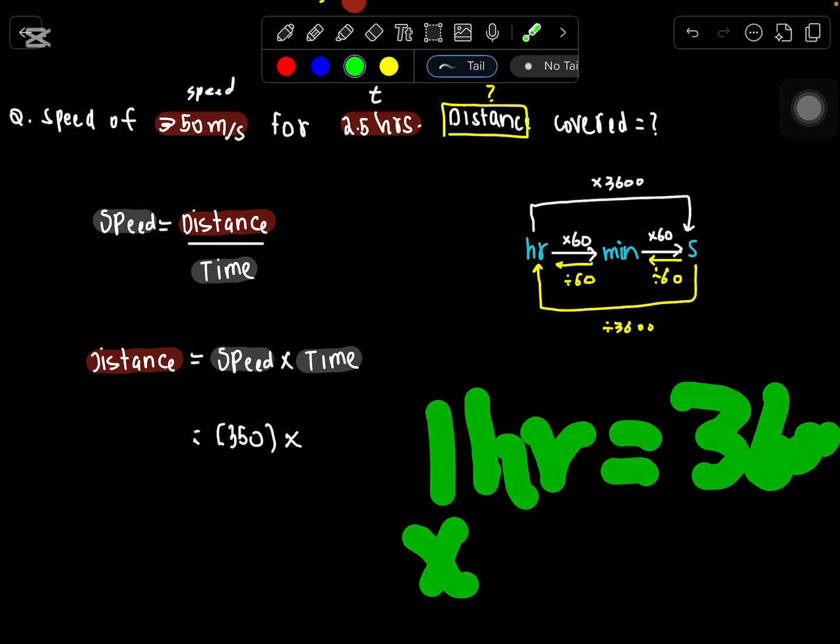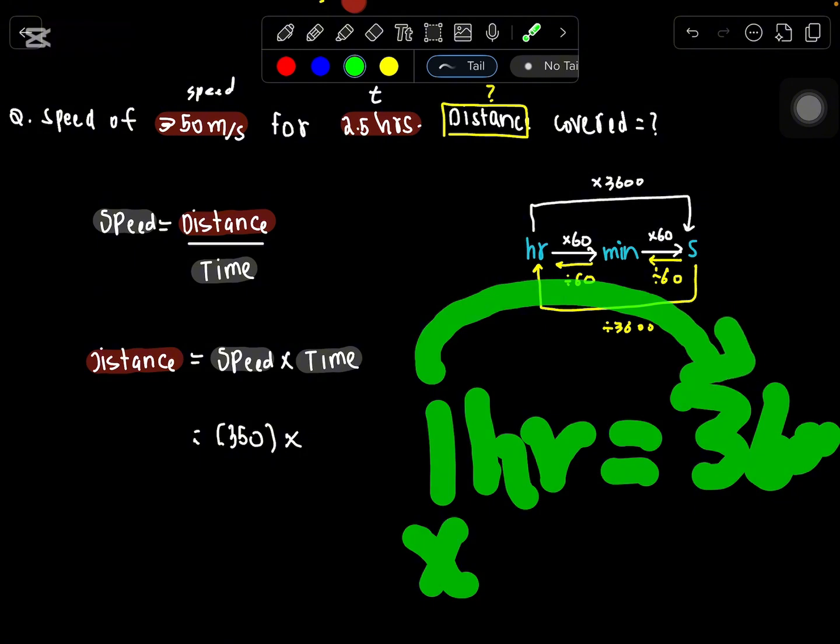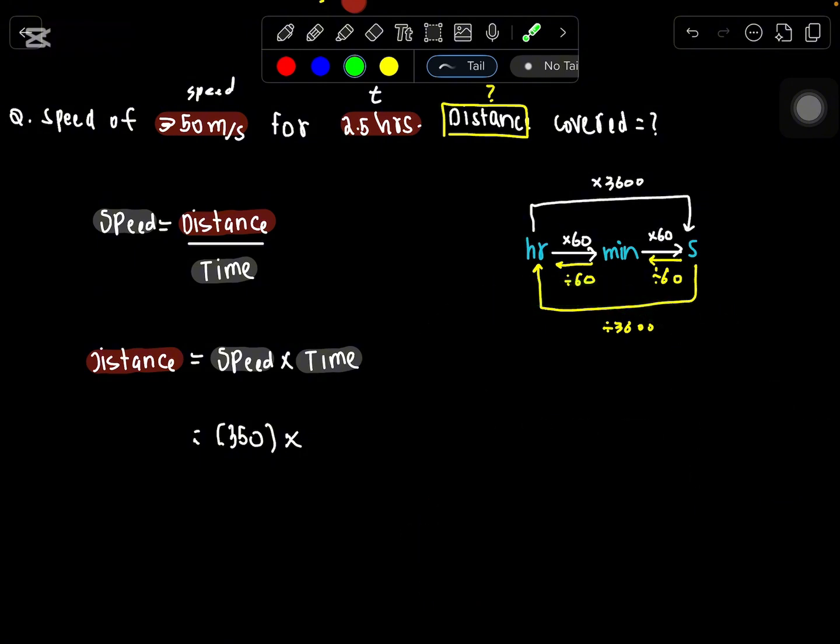So when you multiply, 1 becomes 3,600. So multiplying makes the number bigger. So an hour has a lot of seconds, so you multiply because you want to make the number bigger. But 1 second does not have even a single hour. 1 second is a smaller fraction of an hour, right? So you divide by 3,600 when you're going from seconds to hours.